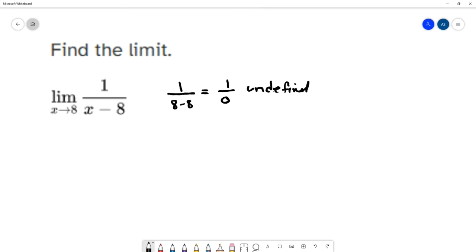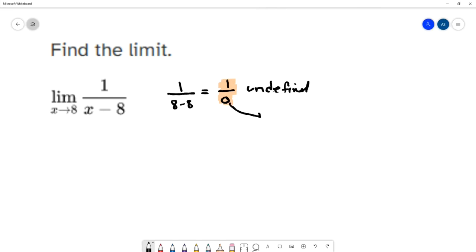And even though it's undefined, it does give us some information about how we're going to approach the next steps of finding this limit. So what this information gives me is knowledge that at x equals 8, there's a vertical asymptote.